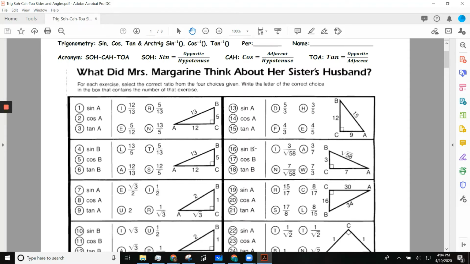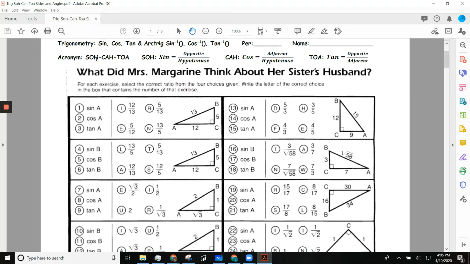These are functions, so they have an input and you get something out. Notice up top here they have little parentheses. Those parentheses are telling you that something is going to go inside them, and we'll see examples of that in a little bit. Right now, I want you to understand that if I say sine, I'm thinking of the ratio of opposite over hypotenuse. S is for sine, O for opposite, H for hypotenuse. That's how I get SOH.